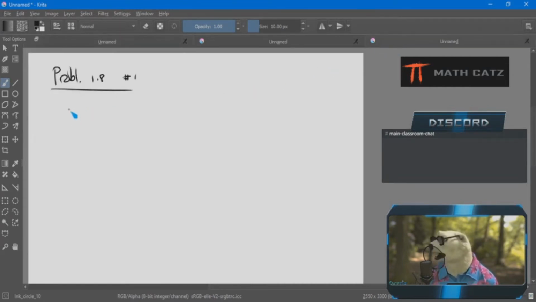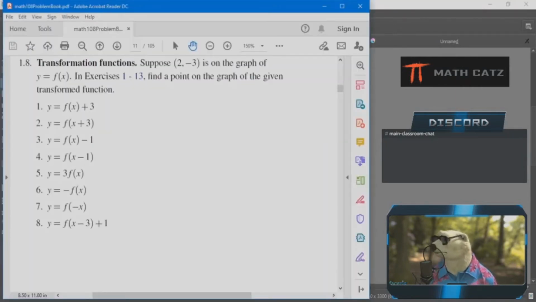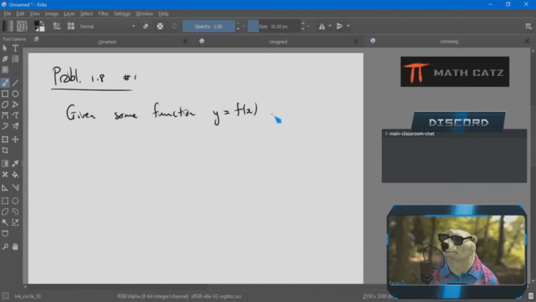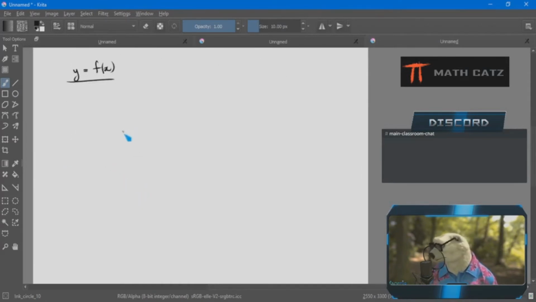So now I have some function. I don't even know what the function is. Given some function, I can't graph it. They only tell me that there's a point 2, -3 on the graph. So if I want, I could visualize this over here. I don't know exactly the specifics of the function, but I can sort of visualize it.